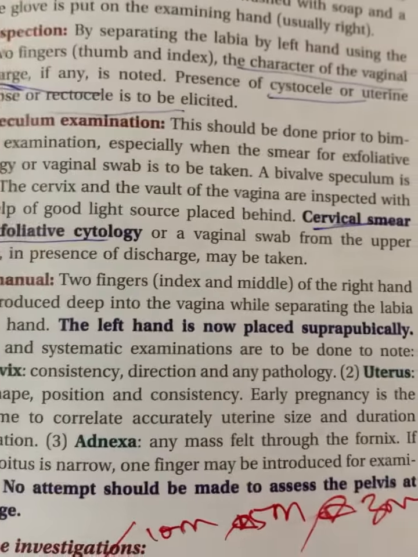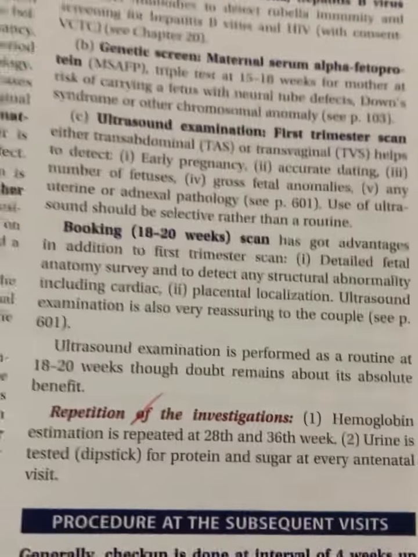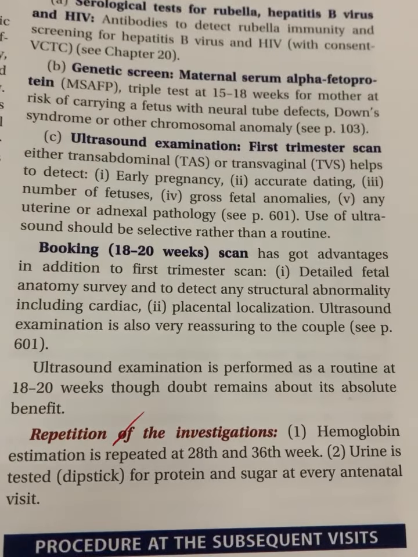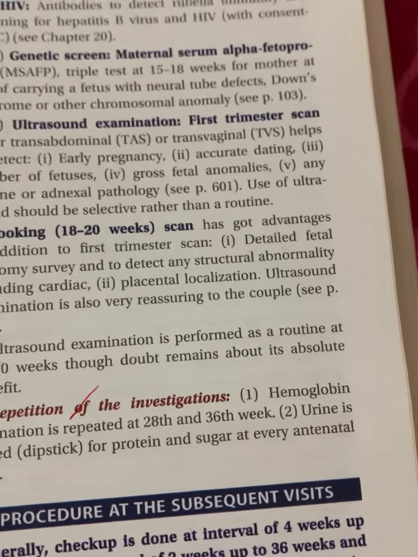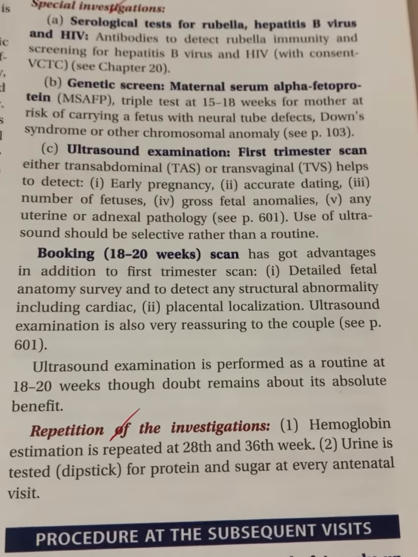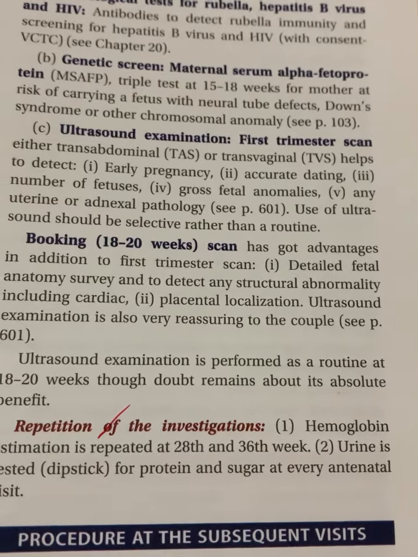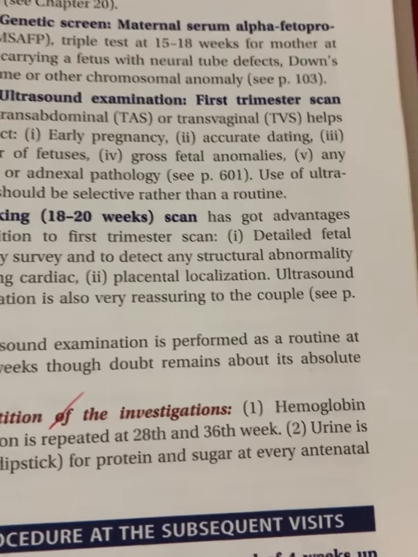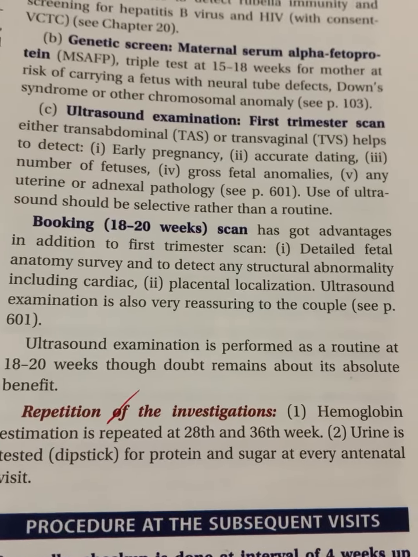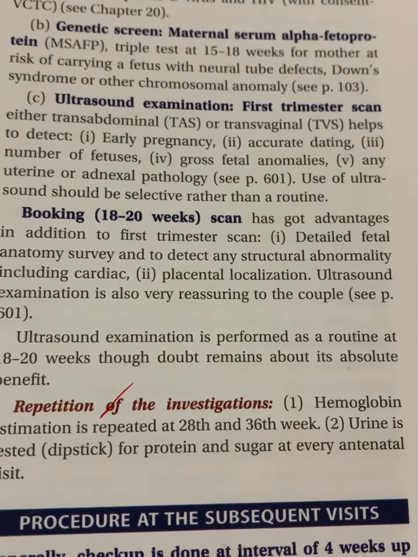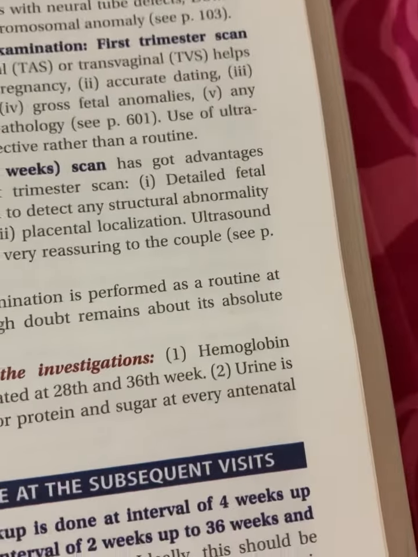Then special investigations include ultrasonography. We explain the different types of ultrasonography. Then aneuploidy screening, where we check alpha fetoprotein, estriol, and HCG levels. We check serological tests for rubella, and the same for TORCH infections. You have to repeat these investigations, mainly hemoglobin, at 28 weeks. Urine testing for protein and sugar is repeated at all the antenatal visits.